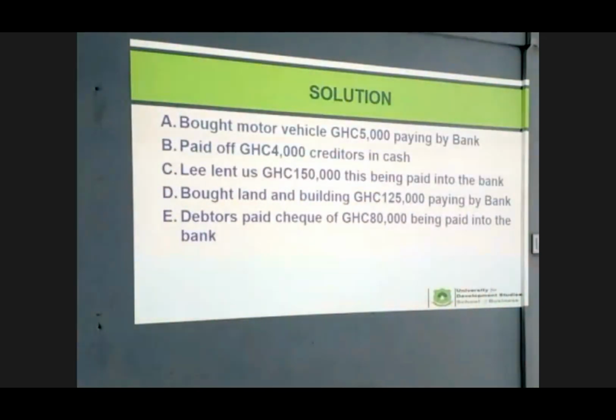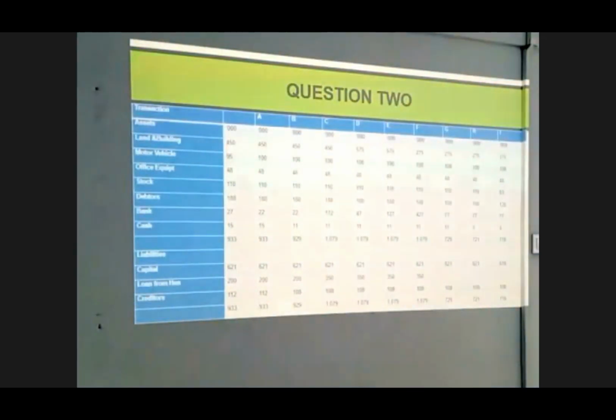Economically, it has gone up. Bank has gone up from 22 to 172,000. Well, all the figures are in thousands. So it has gone up by 150,000.